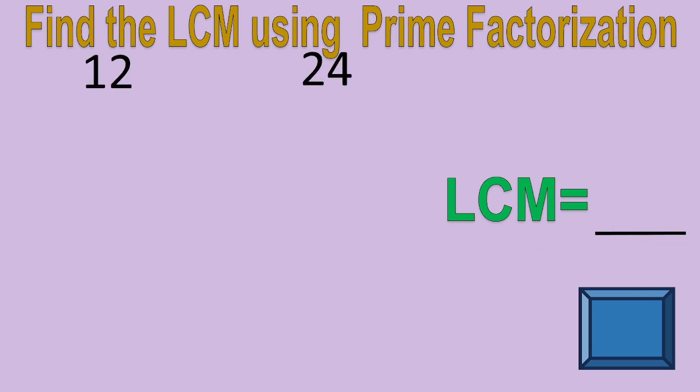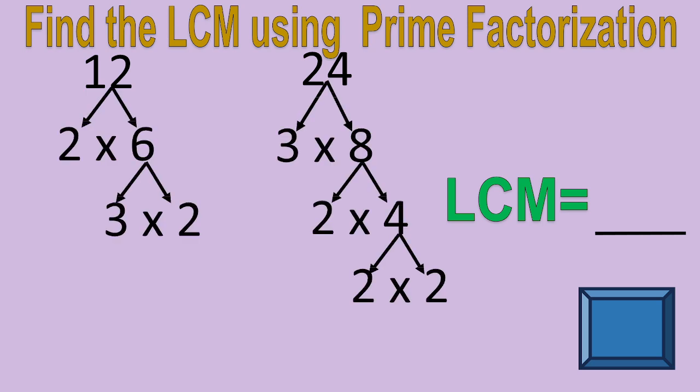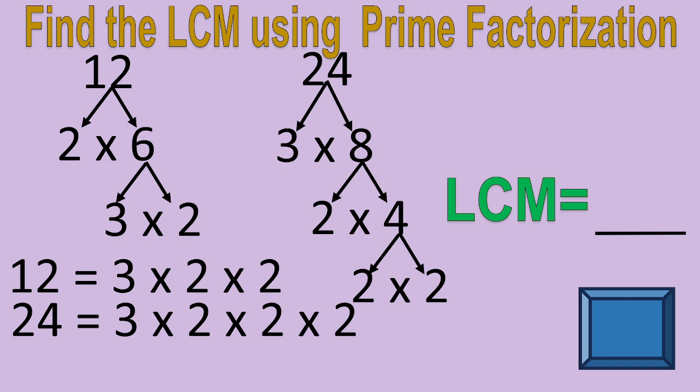Another: 12 and 24. Times up. The answer is: the prime factorization of 12 is 3, 2, and 2. The prime factorization of 24 is 3, 2, 2, and 2.